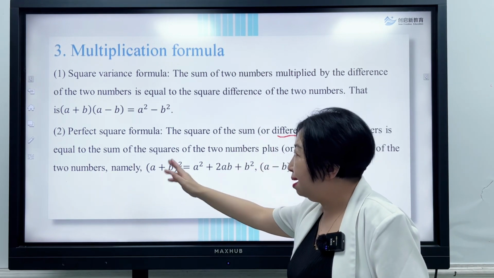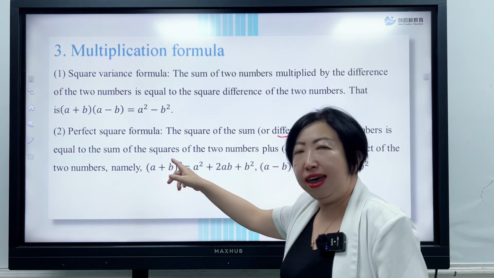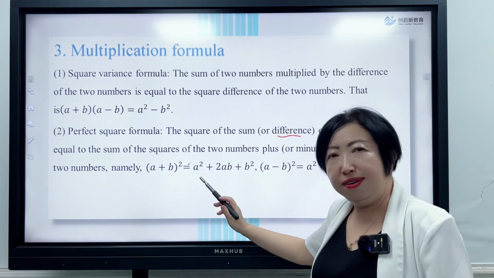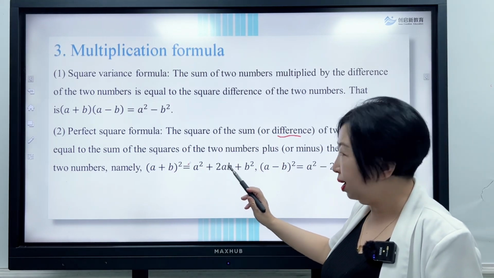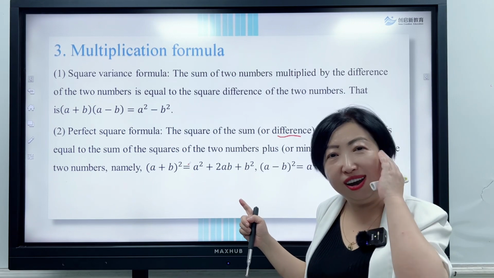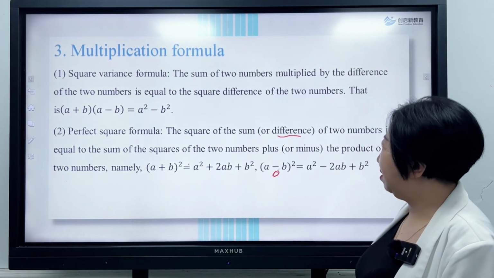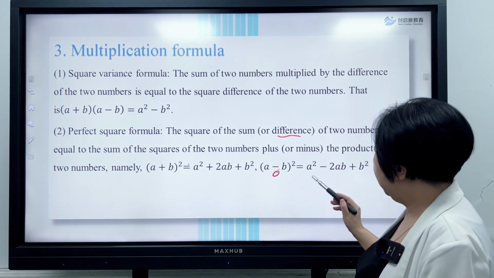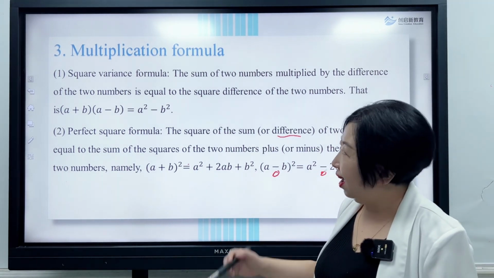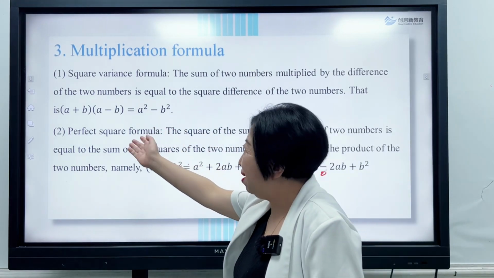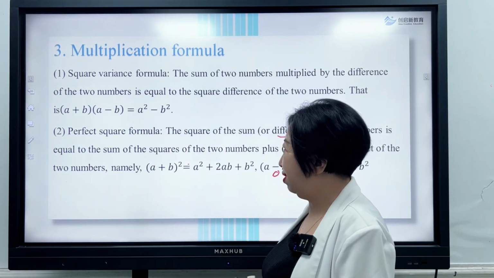Namely, the square of the sum of a and b equals a squared plus 2ab plus b squared. Of course, if it is the difference, the middle term is minus. This formula is the famous perfect square formula.